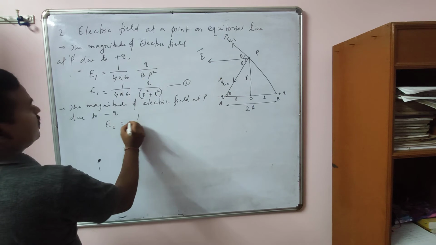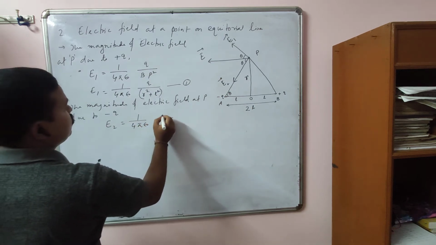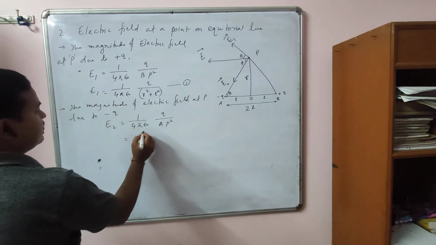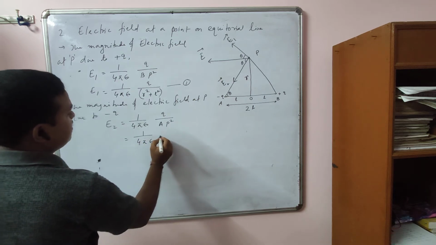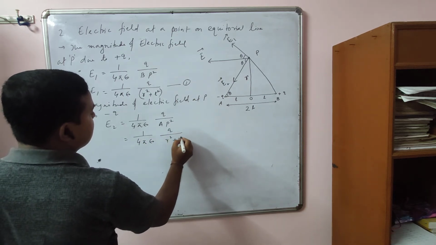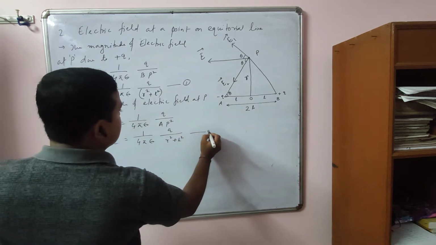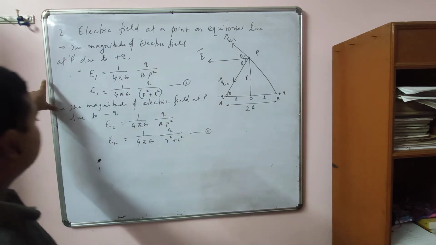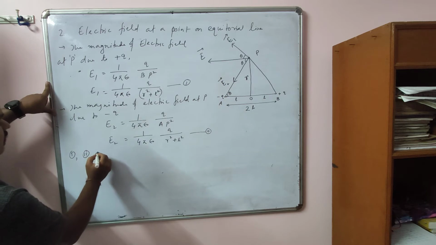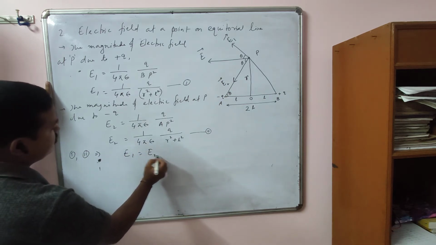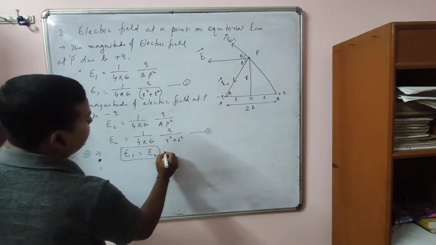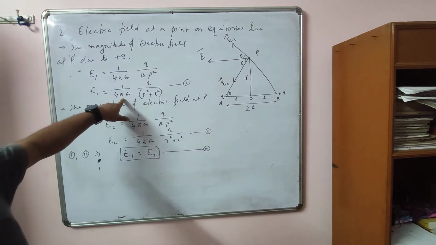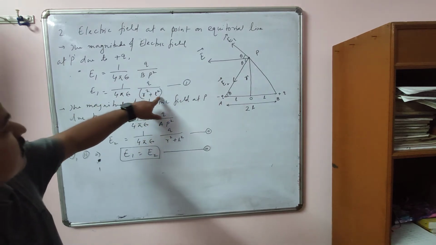E2 is equal to 1 by 4 pi epsilon, q by AP square, which is 1 by 4 pi epsilon, q by r square plus l square. So this is E2. Now you see the expressions for E1 and E2 are exactly the same, so E1 is equal to E2, equal to 1 by 4 pi epsilon, q by r square plus l square.